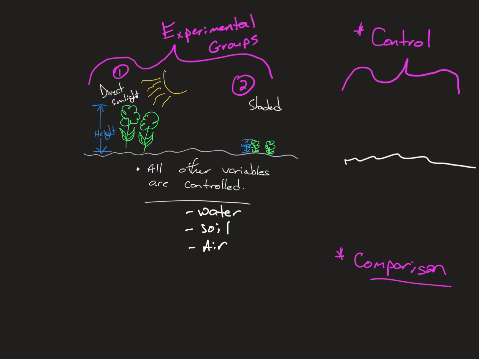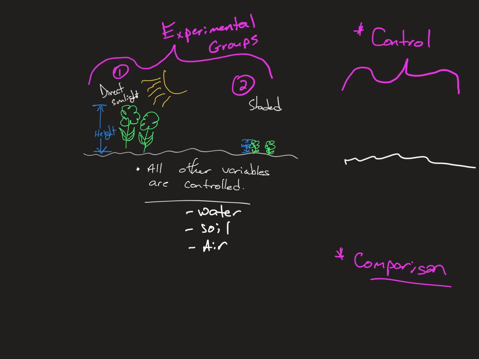How do we know that it wasn't something that this group had that we can't see, feel, or touch, like the dark matter and dark energy we talked about earlier, right? How do we know there's something that we don't know about that's making this grow faster than this?